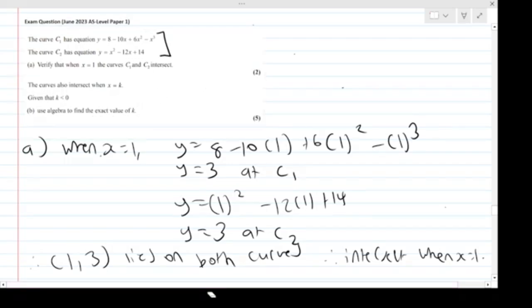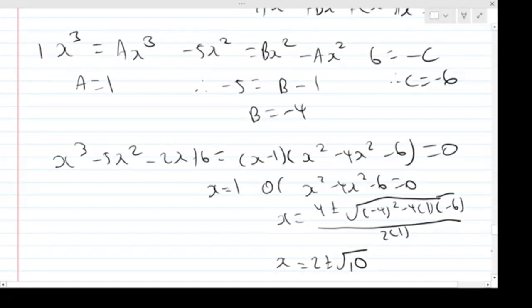Anyway, we need to find this value of k when k is less than 0. So basically, we need to find the other solution apart from 1. The other solutions apart from 1, so not this one, it's indeed these two. I've got two cases, 2 plus root 10 or 2 minus root 10.